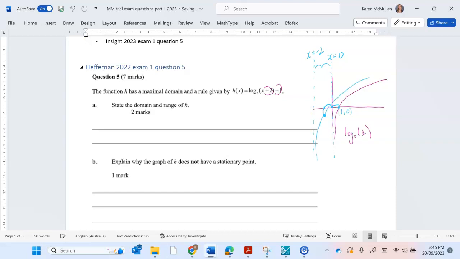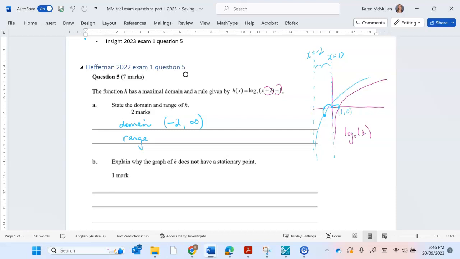Now for your domain, it's your possible x values. So I'm just going to write this here. So our domain, it goes from negative 2 to infinity. Now, because you've got an asymptote there at x equals negative 2, it's not included. And then your range, it's your possible y values. So y actually goes on from negative infinity to infinity.